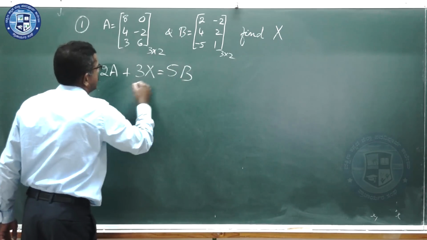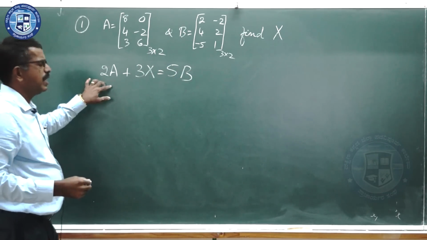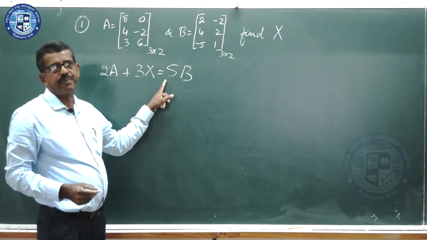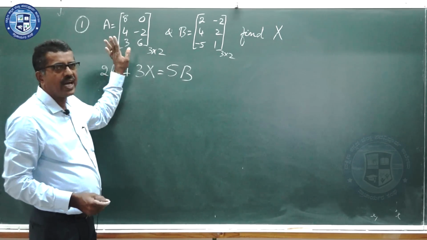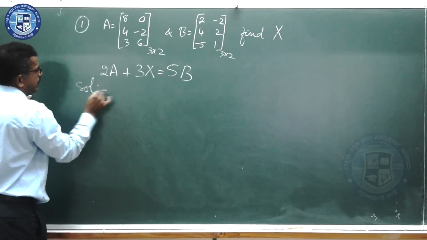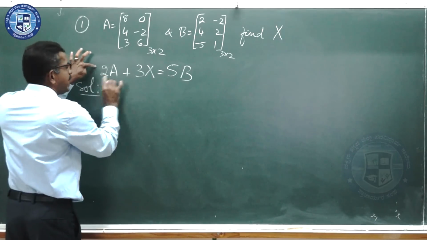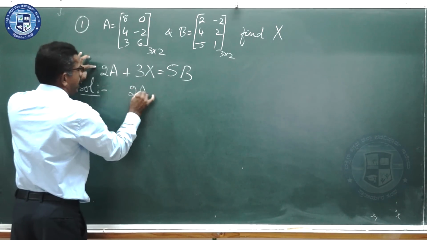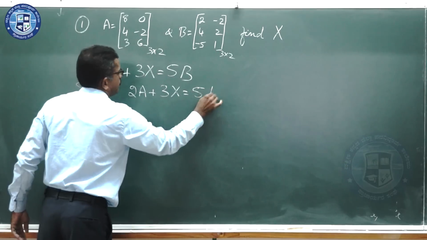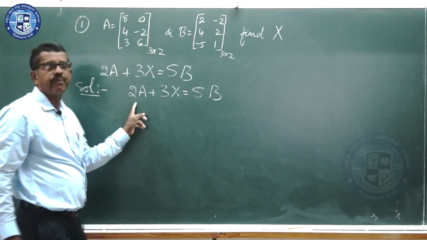I forgot those scalars. So we have 2A plus 3X is equal to 5B. You are asked to find the value of X. So what we need to do here? Let me write once again what has been given. It is 2A plus 3X is equal to 5B.